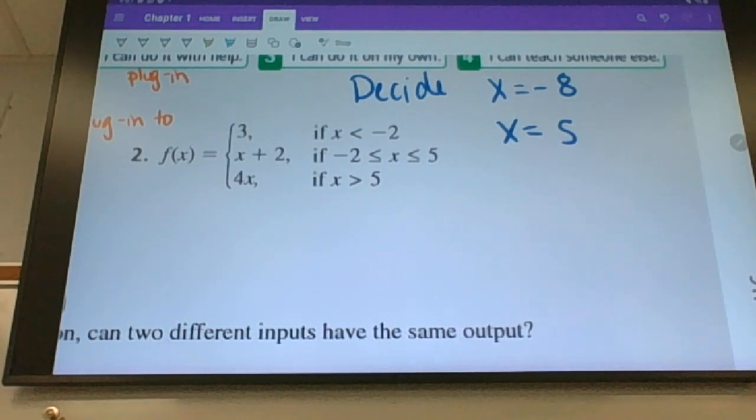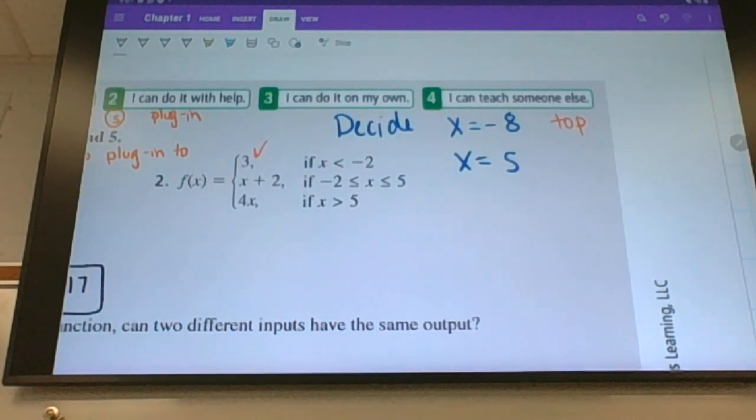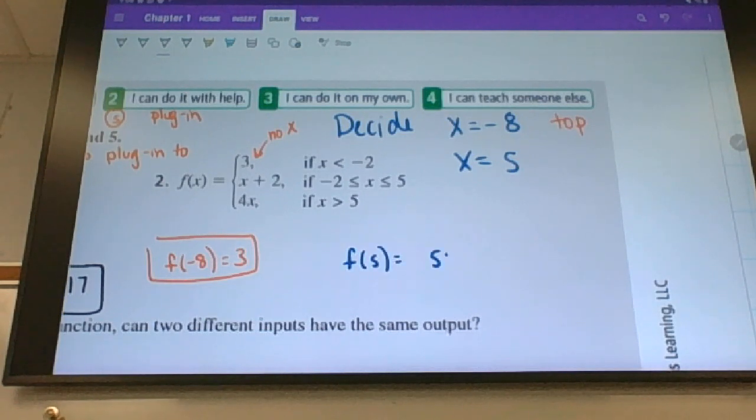What'd you get? Oh, 3. So weird, right? When we put this into the top, it's weird. There's no x here, so you don't actually plug in. You just say f of -8 is 3. That's that constant function, a straight line at 3. There's no x, there's nowhere to plug in. F of 5 is 7. It's going to be 5 plus 2.